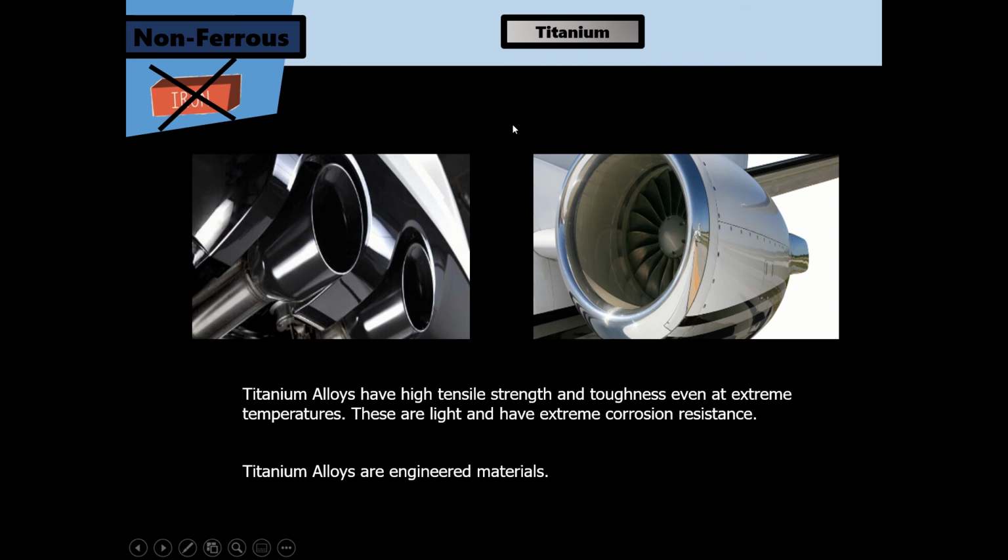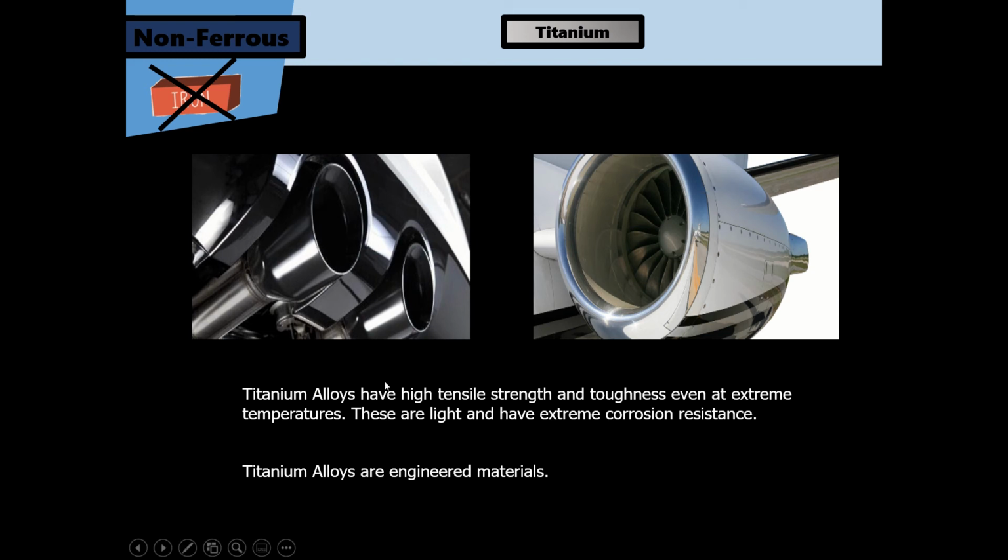So we also have titanium. Titanium alloys are very strong metals, but they are also very light. So when you want something which is very strong and light, you can look to titanium alloys. And as far as I'm concerned, the armor of Iron Man before used a titanium-gold alloy.